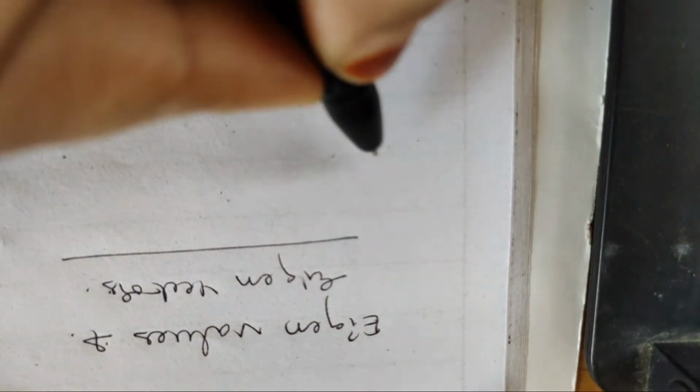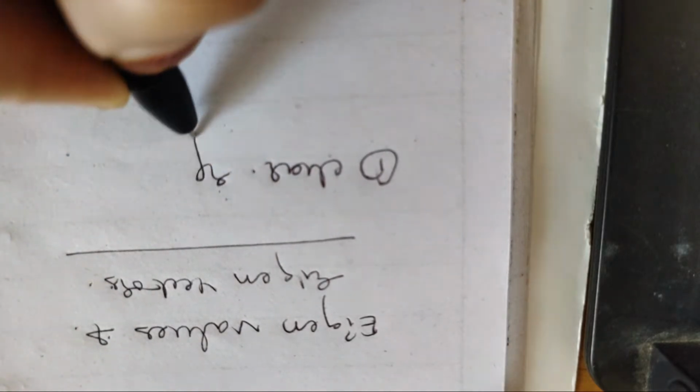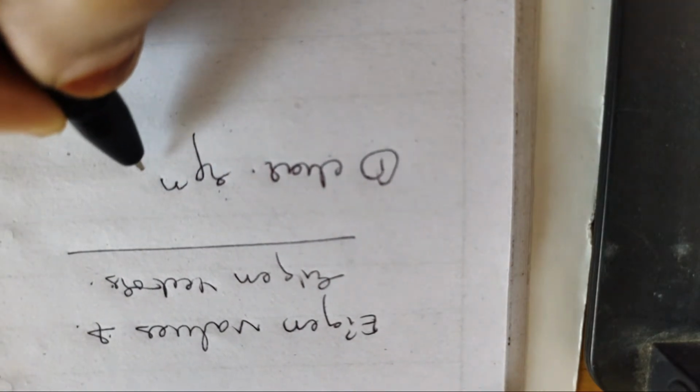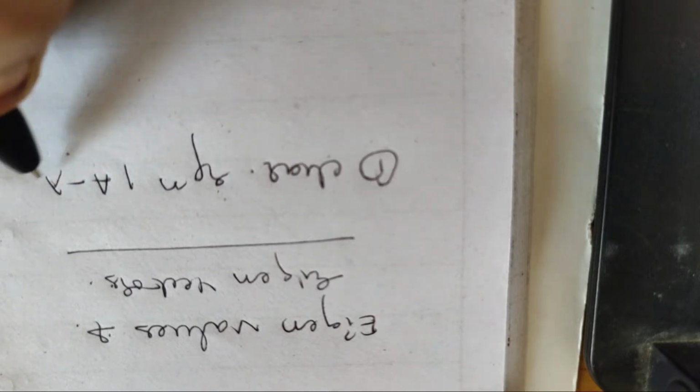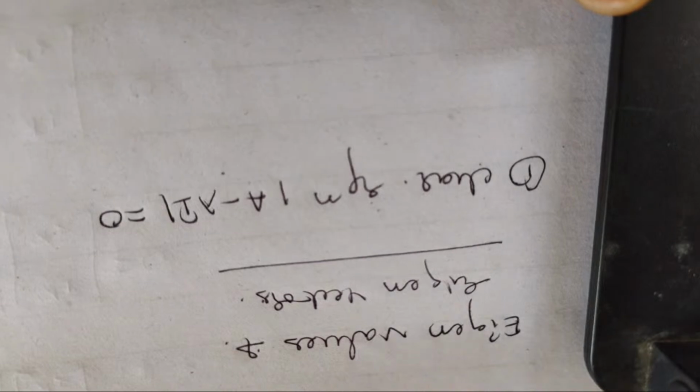The first step, the characteristic equation we are going to find, that is mod A minus lambda I, which is equal to 0.